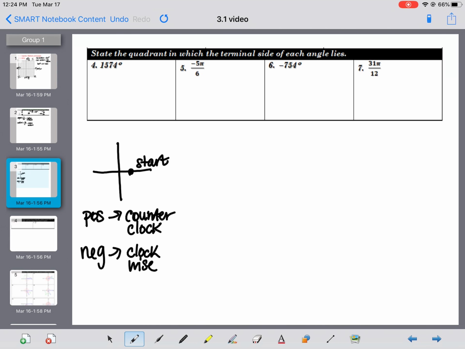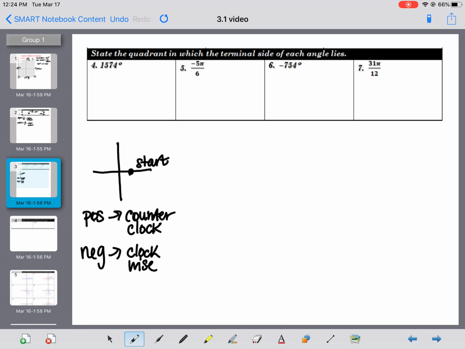Okay, so you take your angle measurement. I like to work in degrees, so if it's given to you as a radian, you're going to want to convert first. So my first angle here, 1,574 degrees, is very clearly over 360 degrees, which is one rotation.